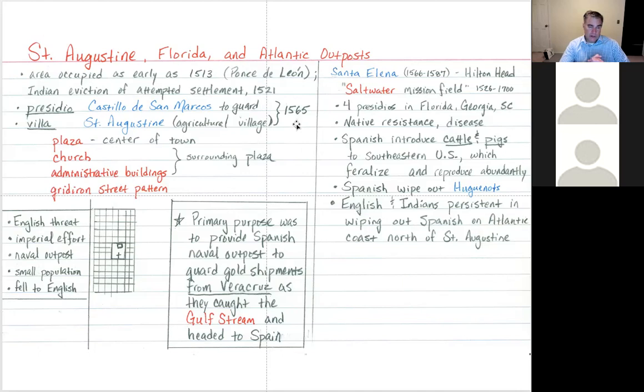At the very most, the most liberal number I can come up with is at its extent, there were maybe 6,000 Spaniards in all of Spanish Florida, not just peninsular Florida. And that's probably an overestimate. Other estimates are around 4,000.